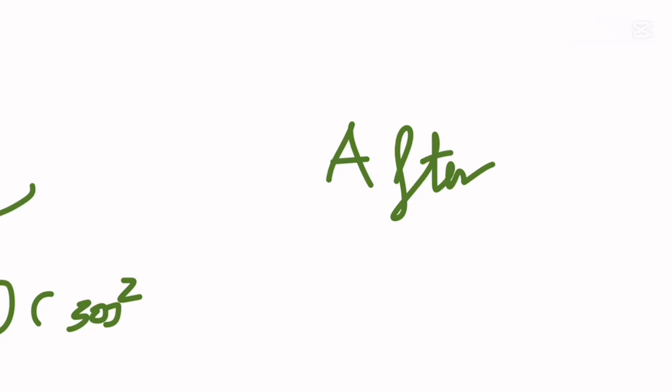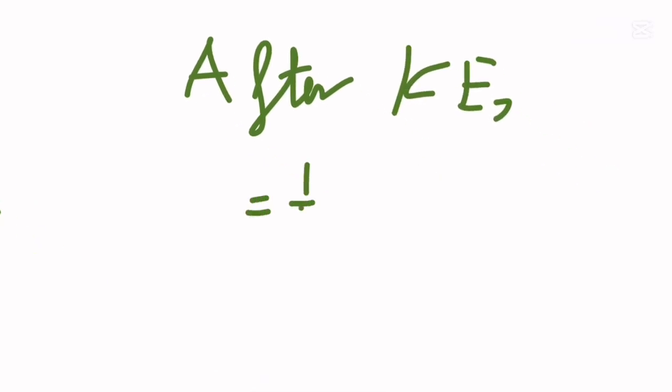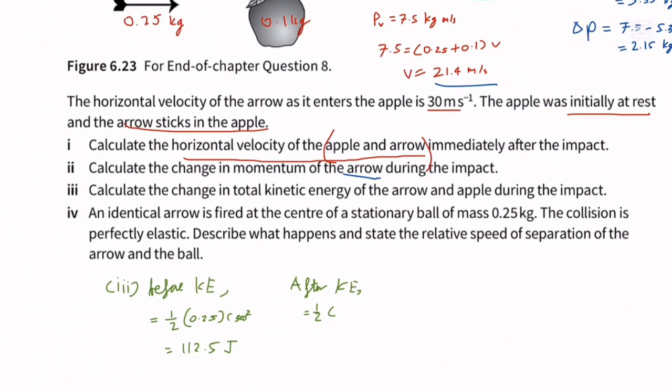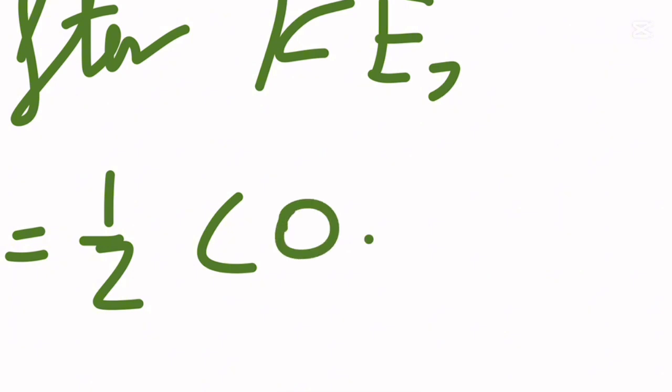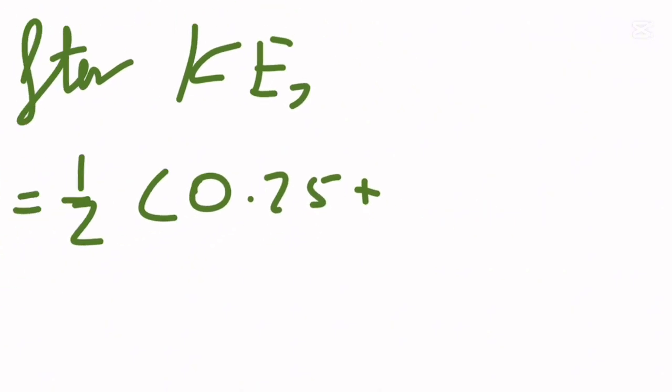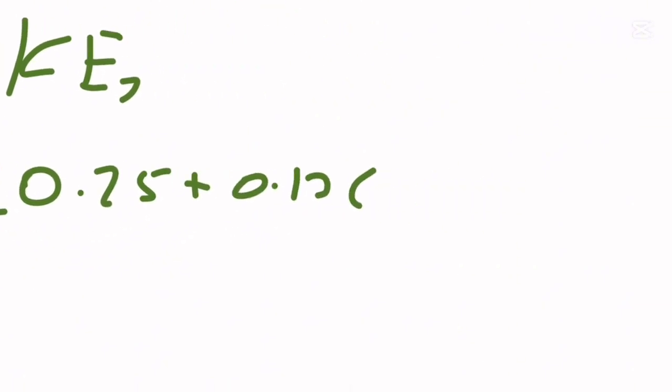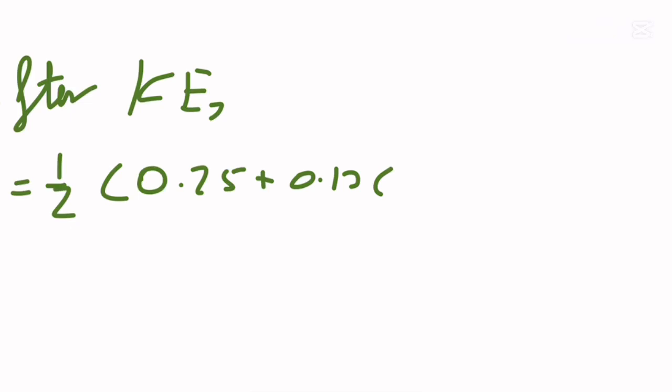So after kinetic energy is gonna be 1/2 mass. Look here, total kinetic energy of the arrow and the apple. So we have to use the combined mass between those two. So 0.25 plus 0.1, and then the velocity squared.